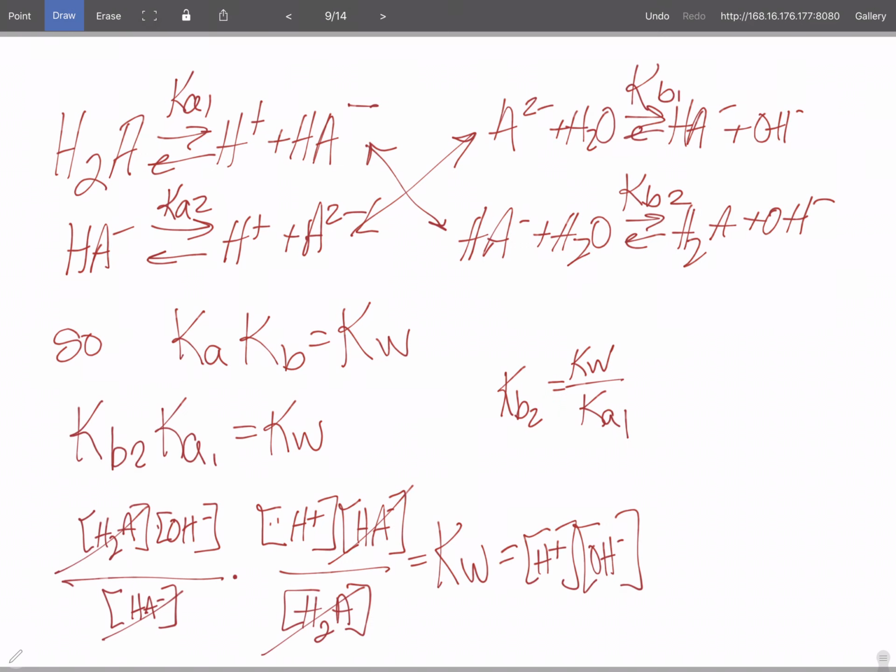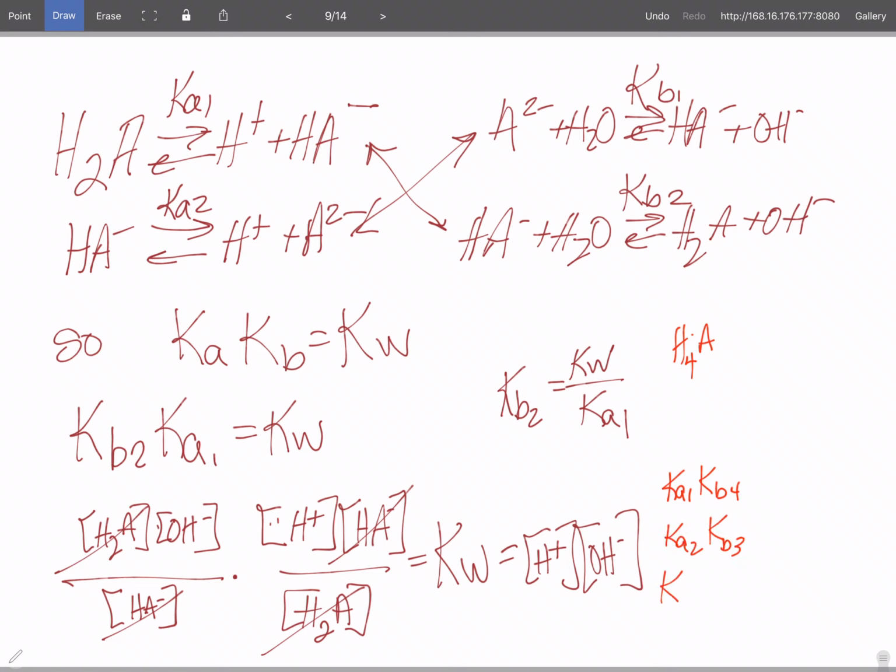One other thing I want to point out on my little side note is I highly recommend you take the time to do a tetraprotic acid and prove to yourself that they invert. So your Ka1 will go with your Kb4. Your Ka2 will go with your Kb3.